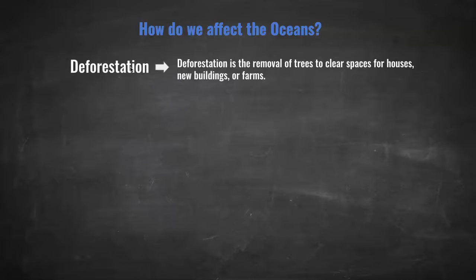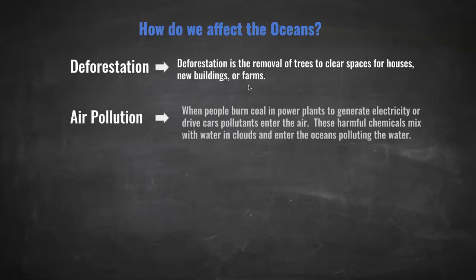Deforestation is when we remove any kind of trees on the land to build new things. And air pollution: when we burn coal in power plants or drive cars, it causes pollutants to enter the air, and these harmful chemicals mix with the water and clouds and enter the oceans, polluting the water.